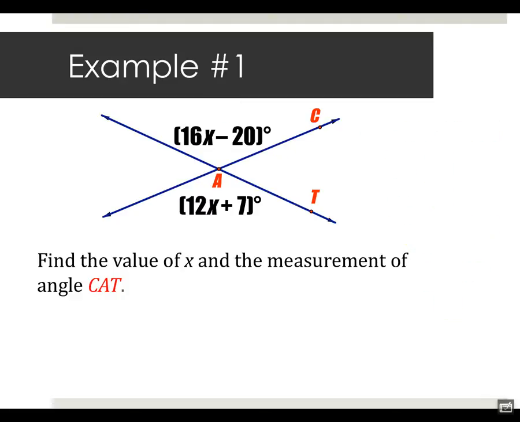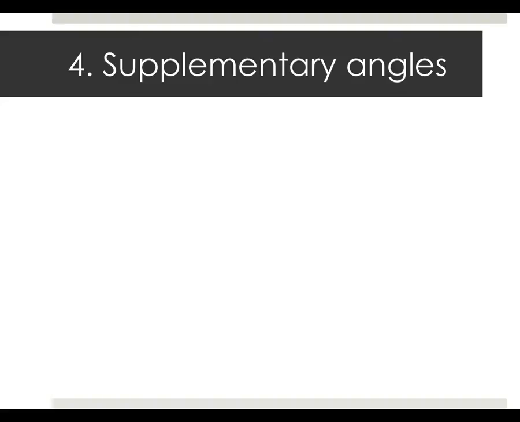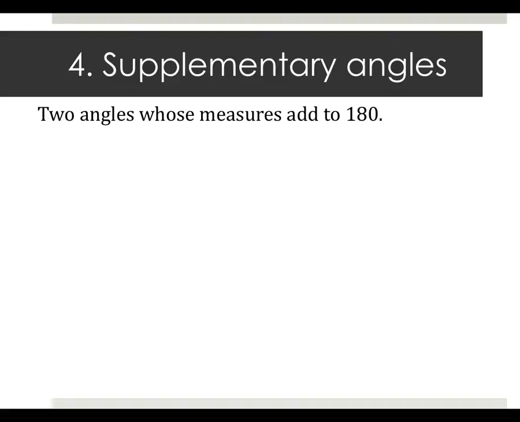Prove that vertical angles are congruent. We still have 2 more angle pairs, right? Yeah. Supplementary: 2 angles that add up to 180. All the angles we talked about so far, up until supplementary angles, were dependent on where they were located. Adjacent angles had to be next to each other.